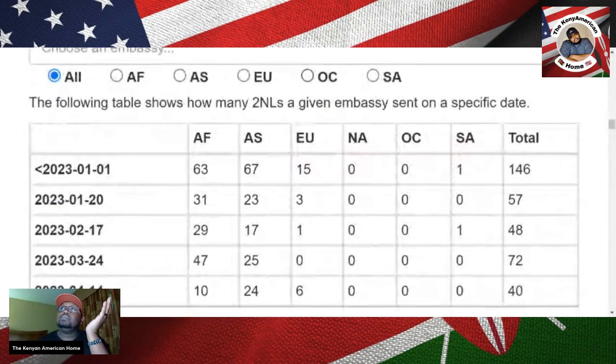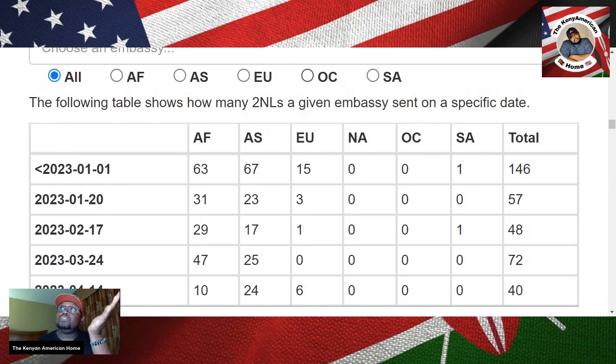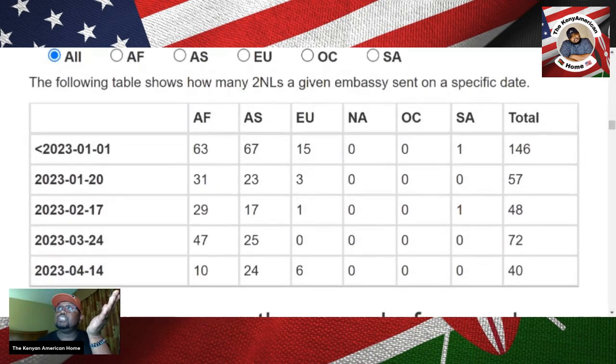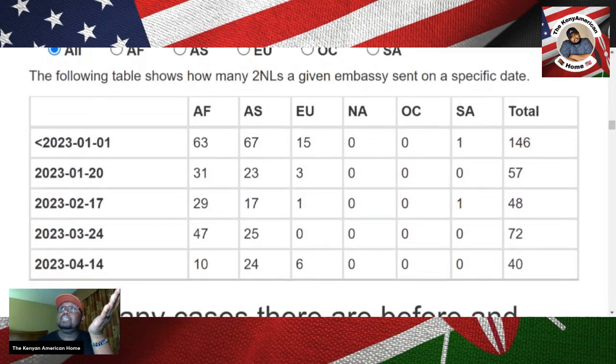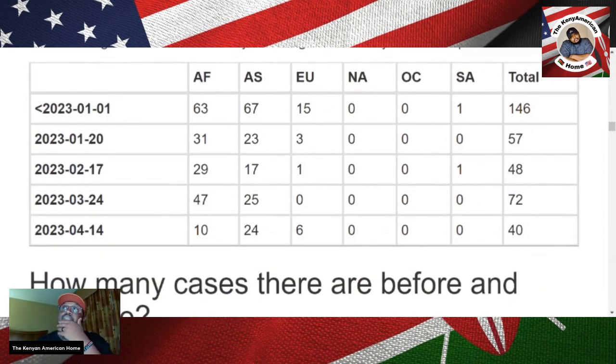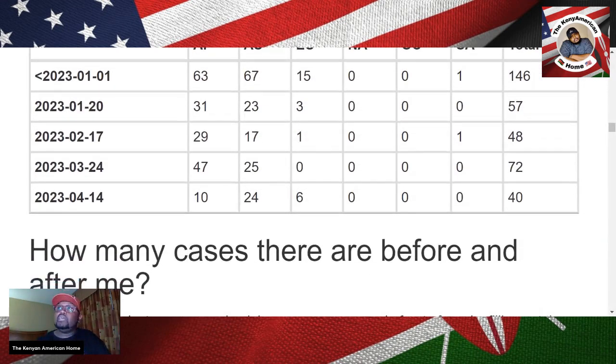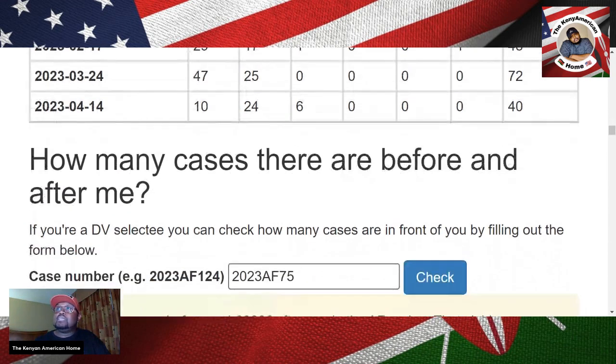They talk about what Africa did each month, like how many 2NLs, which is the ready for interviews, were given. In January 1st, 2023, 63 for Africa, 67 for Asia, 15 for Europe, and January had the highest number of 2NLs issued.